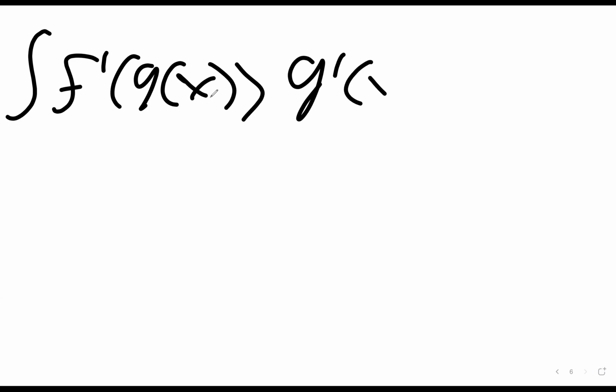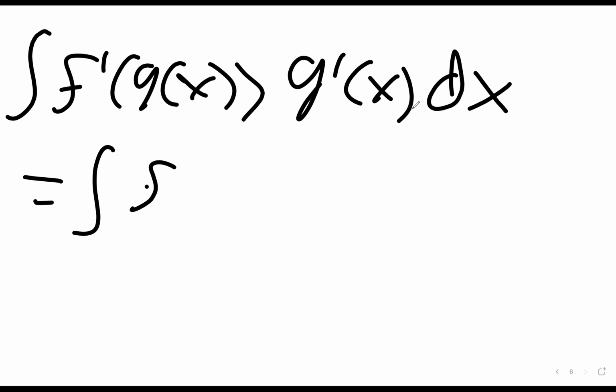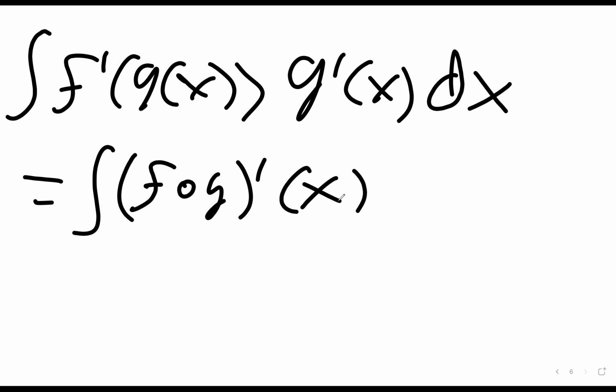g prime(x) dx, then I may use the following chain rule: (f composite g) prime of x, and obviously the derivative of the antiderivative is the function itself.